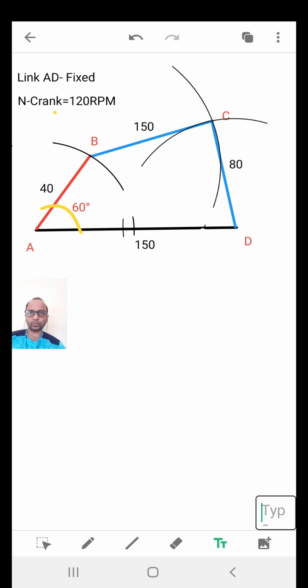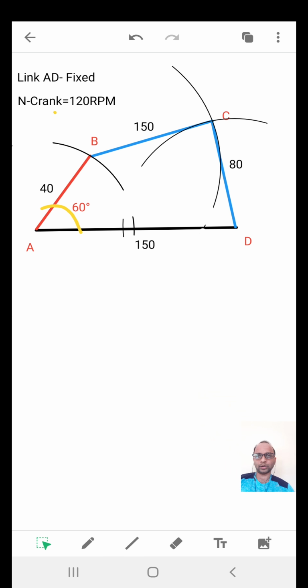In this particular problem, the dimensions of the links are as follows. Link AB is equal to 40 mm, link BC equal to 150 mm, link CD equal to 80 mm, and link AD, which is fixed, is also 150 mm.